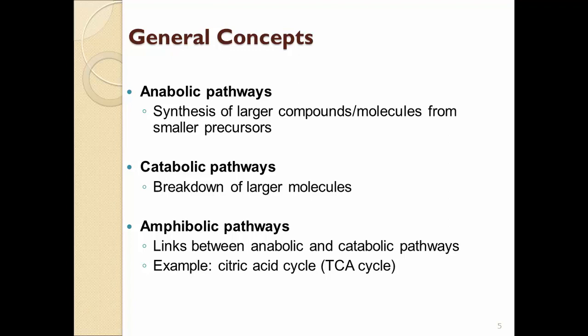And some pathways can link between anabolic and catabolic pathways. For example, TCA cycle. So TCA cycle is a very important process that connects the anabolic and catabolic metabolism.